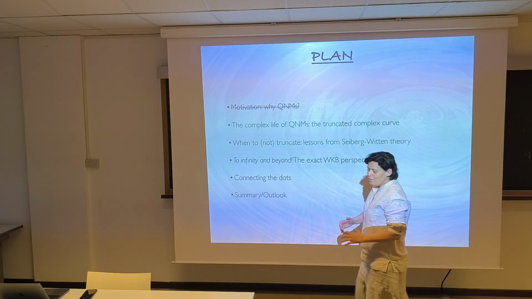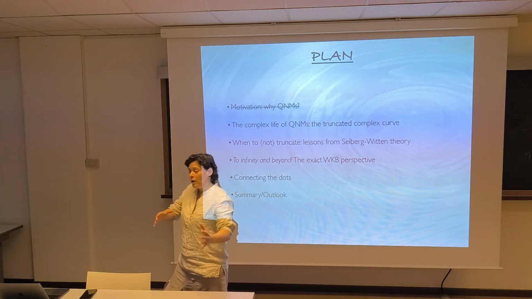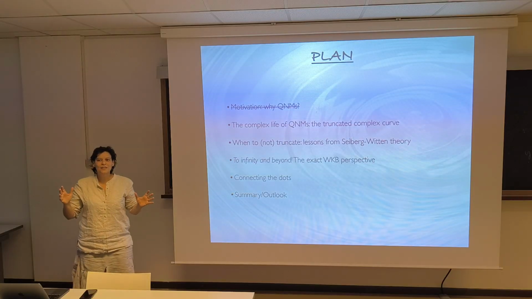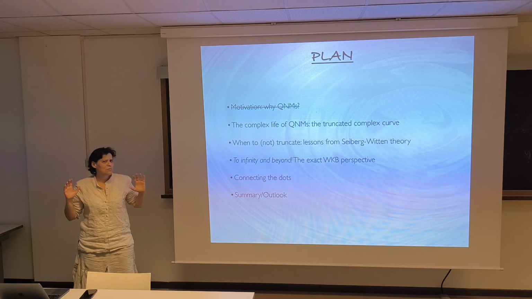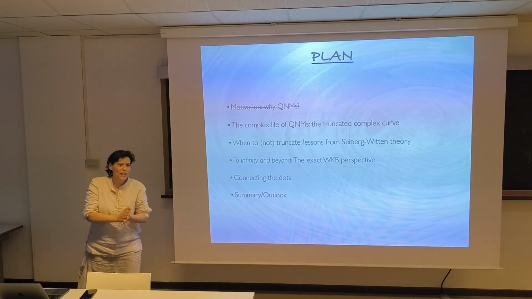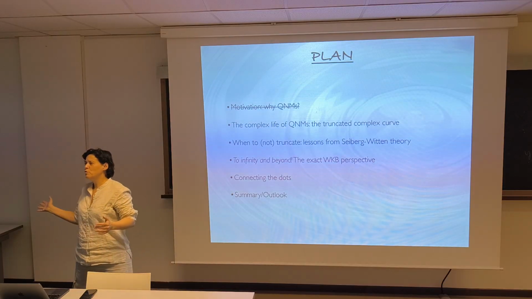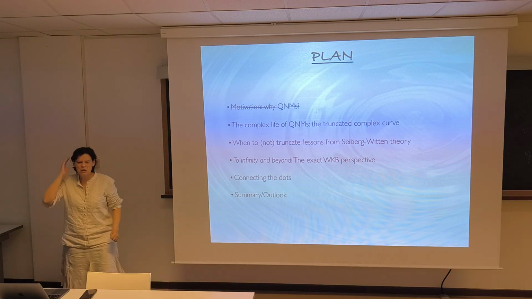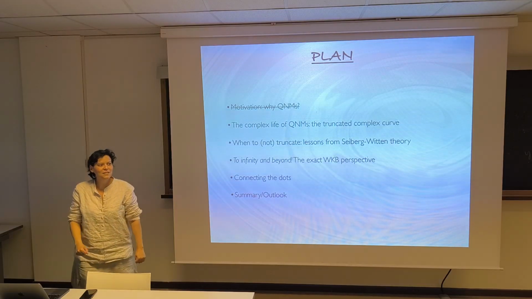And then from learning when we can use it and when we cannot, we try to go beyond that. Not finite Q: we can go to a completely different regime that in principle you could think not worthwhile, like large wave number.